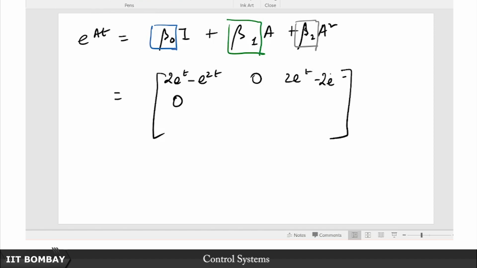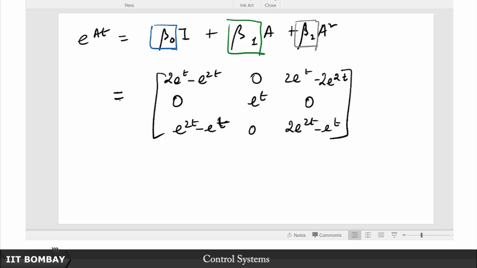So this is 2 e to the 2t, and then this will be e to the t, this will be 0, this will be 0, so this will be 2 e to the 2t minus e to the t and e to the 2t minus e to the t. So that is all the type of terms, so this is my e to the at matrix that I have found through my calculations.